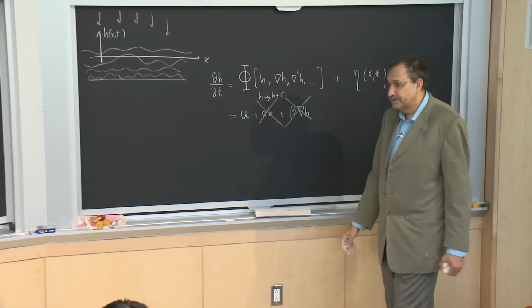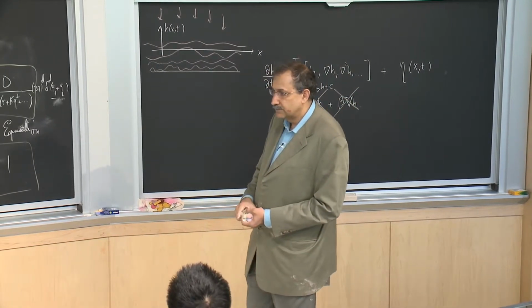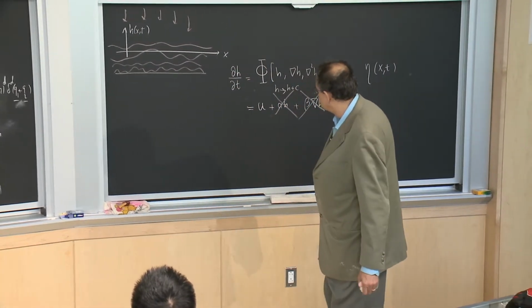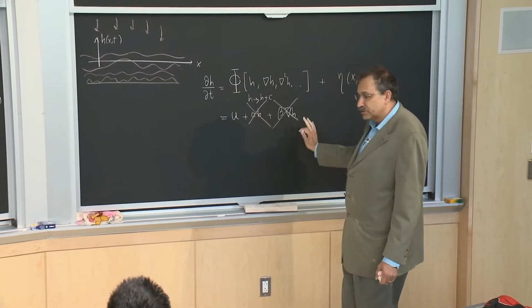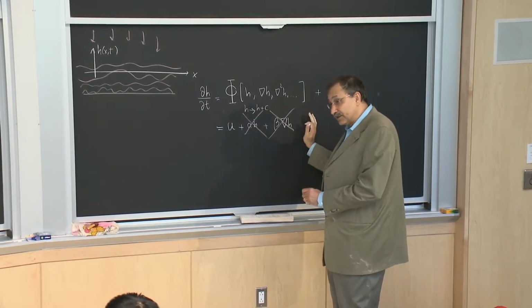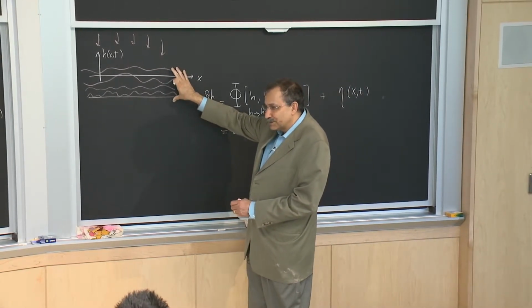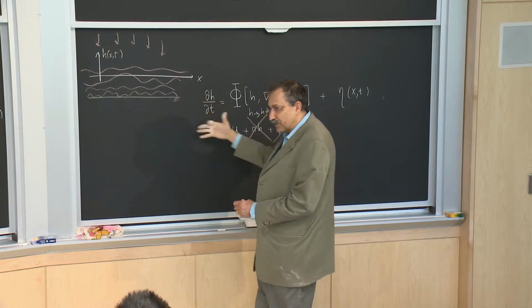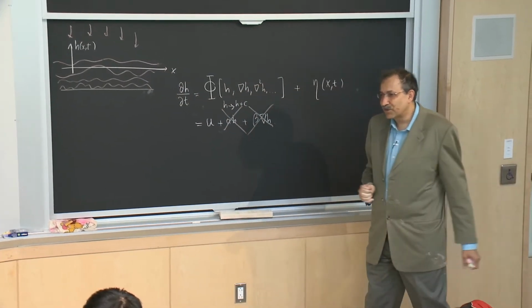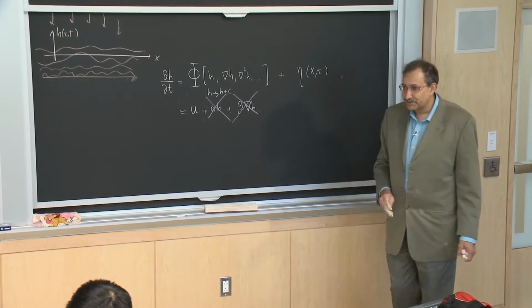Could you, in principle, make your constant term in front of the gradient also a vector and take the dot product? You could. So there is a whole set of different systems that you can be thinking about. Right now, I want to focus on the simplest system, which is a scalar field, so that my equation will be as simple as possible, but still, we will see, has sufficient complication.